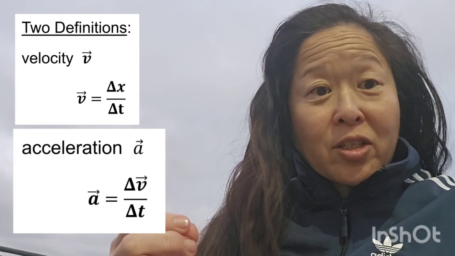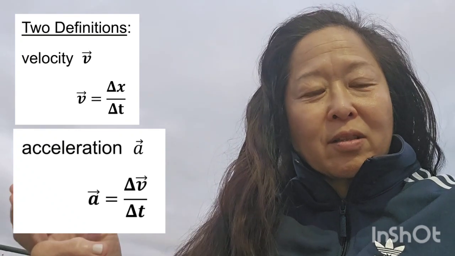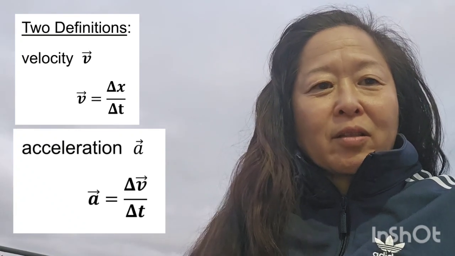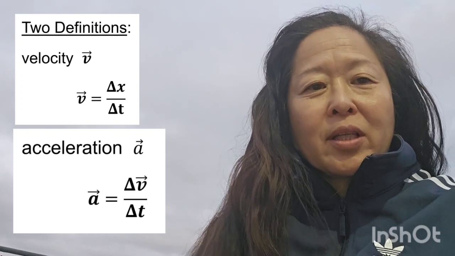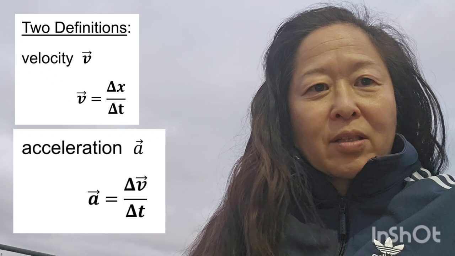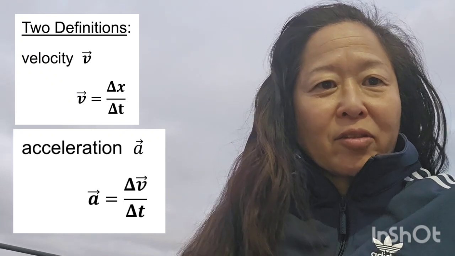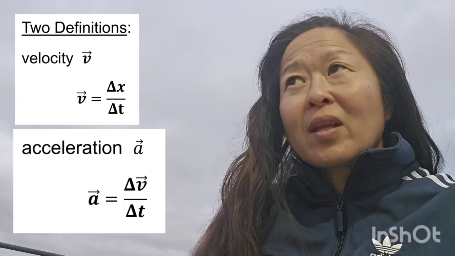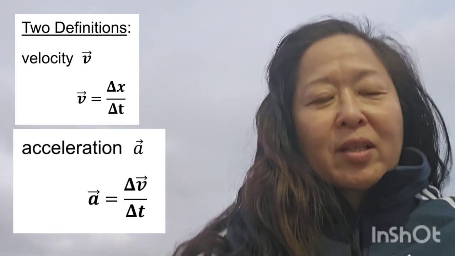The second definition: acceleration is the rate of change of velocity. So it looks like lowercase a with the arrow equals delta v with the arrow, divided by delta t. Now I should explain what these little arrows over the letters mean.